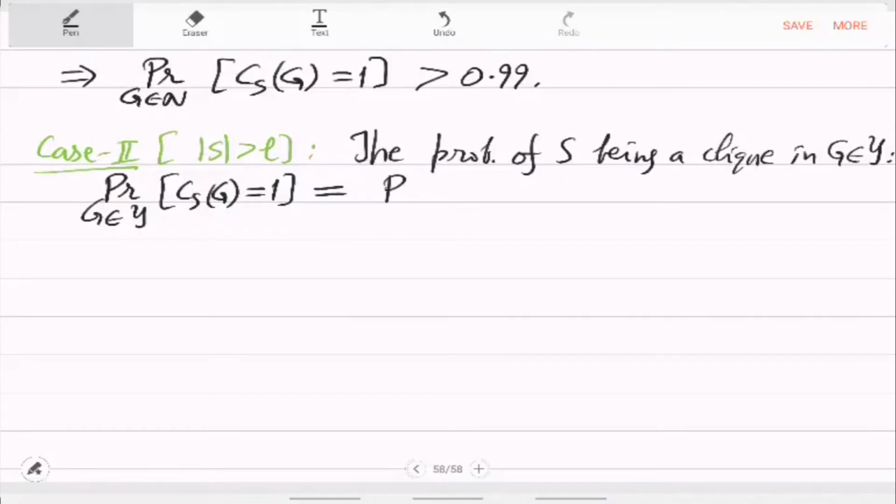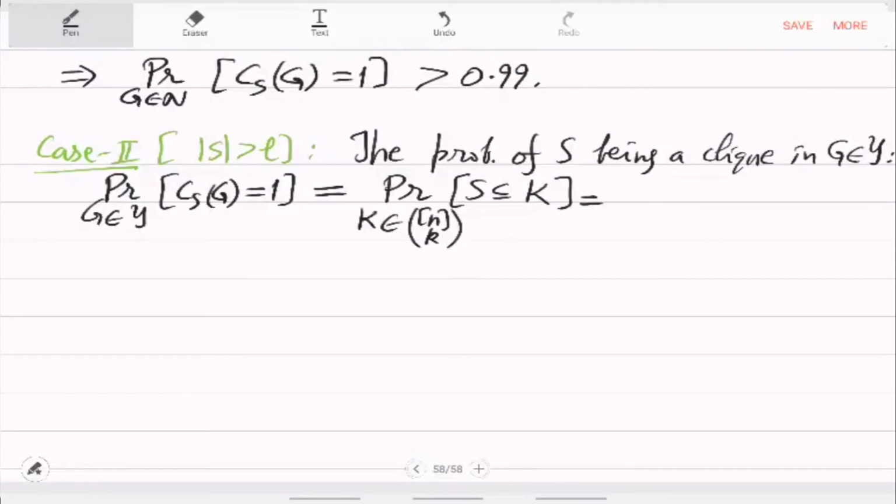So this is the same as the probability that S is contained in this big K subset, the way G was defined. Graph G was defined with respect to some subset big K of size small k. S should be contained in that subset if you want your indicator to output 1. And what is that probability?